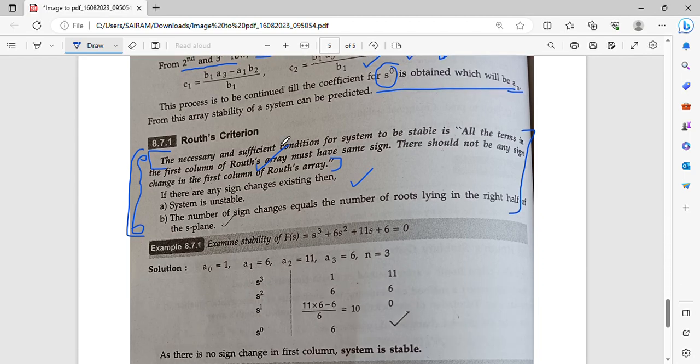Fine. So I'll read this: the necessary and sufficient condition for the system to be stable is all the terms in the first column of the Routh array must have the same sign, right? That is, all the terms in the first column of the Routh array.